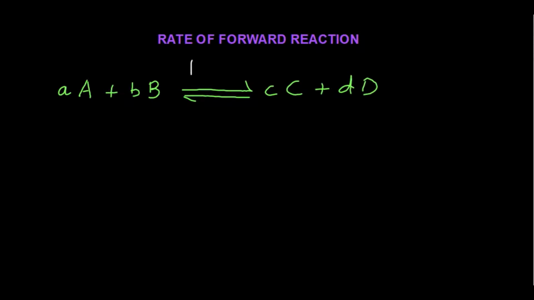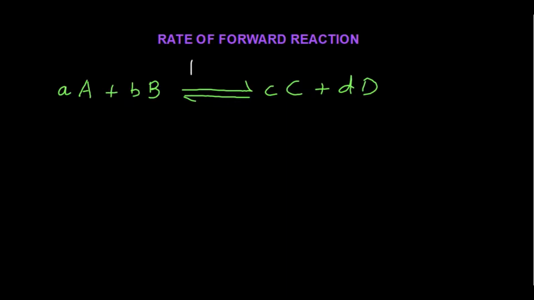The general equation is a moles of A reacting with b moles of B to form c moles of C and d moles of D.